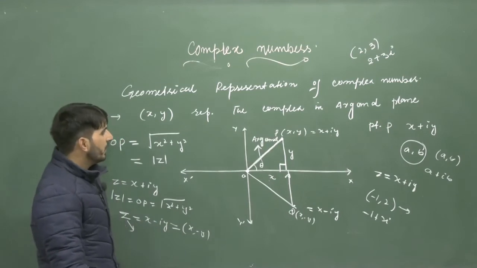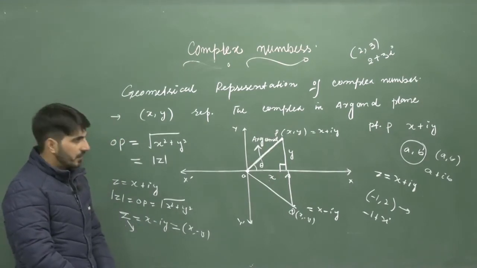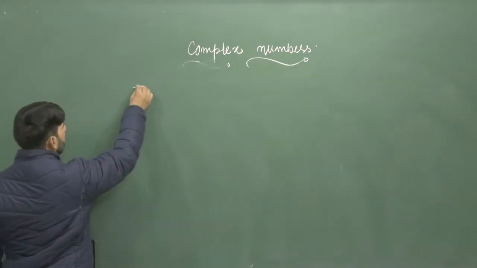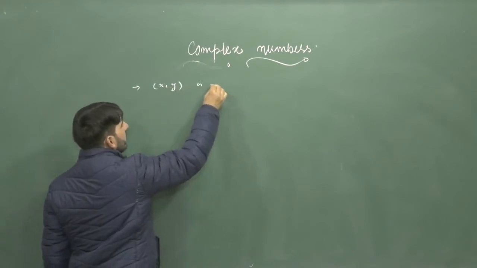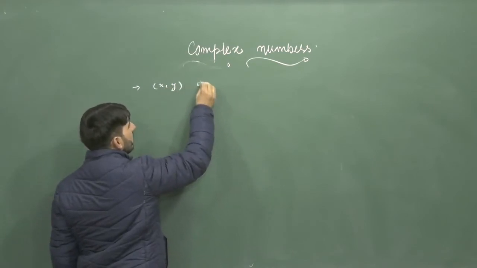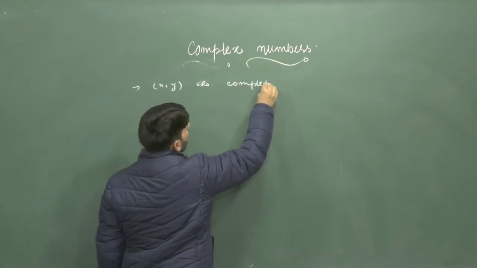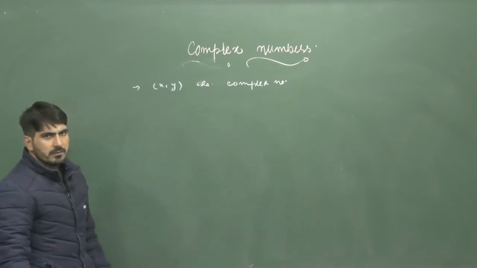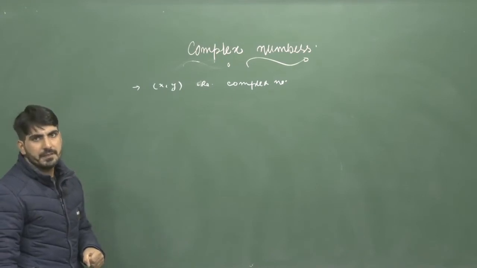So every ordered pair in the Argand plane represents a complex number. Therefore, (x, y) represents a complex number in the Argand plane, and (x, y) represents a point in the Cartesian plane.